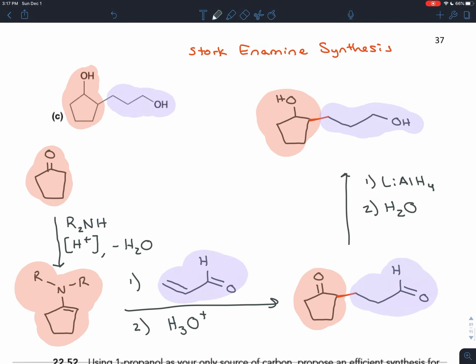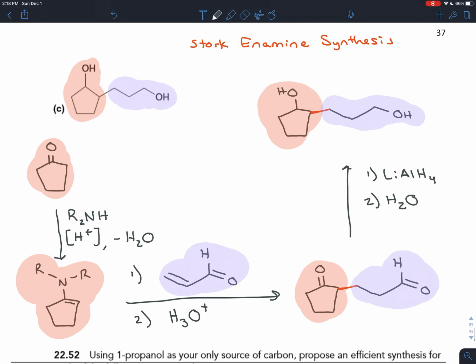So the trick here was looking at this original molecule and seeing that we had a di-functionalized compound. Then we counted the carbons between the 2 functional groups. We saw they were 1,5, and that was a strong suggestion that we should use the Stork enamine synthesis. The prompt said we had to start with cyclopentanone, so we did the Stork enamine synthesis with that.